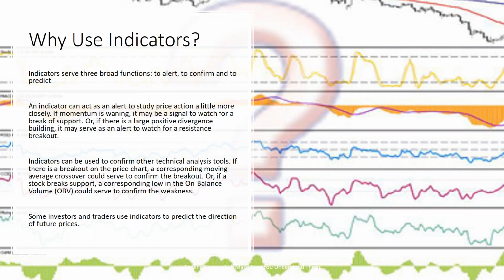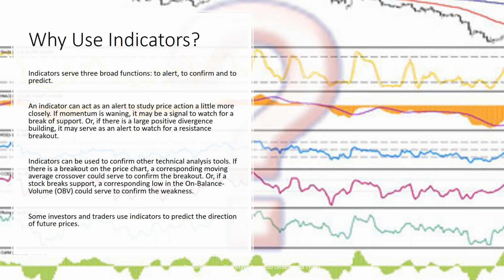So why use indicators? Indicators serve three broad functions: to alert, to confirm, and to predict. An indicator can act as an alert to study price action a little more closely. Okay? As an alert, it's not telling you to do anything. An indicator is hitting you on the back of the head.